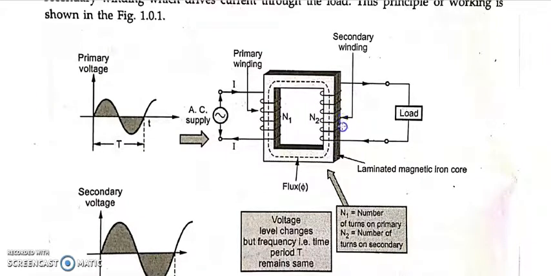So EMF E2 gets induced in the secondary circuit, and this EMF E2 drives current I2 in the secondary circuit. So your transformer works on the principle of Faraday's electromagnetic induction when AC supply is applied to any of the windings, either primary or secondary.